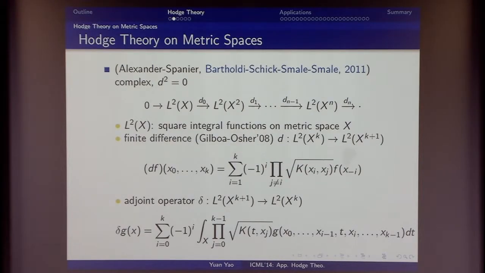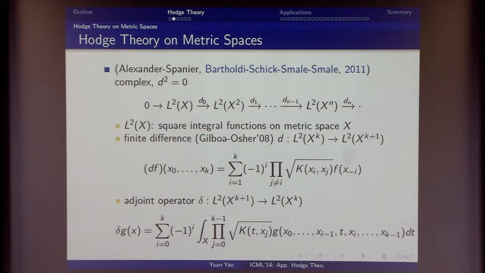Another version is very recent work by Steve Smale and his collaborators. They study metric spaces and the Hodge decomposition structure. Now the differential forms become the square integrable functions on the metric space X, and you can put finite difference operators, which are often used in numerical analysis and data analysis, from low order to high order defined in this way.